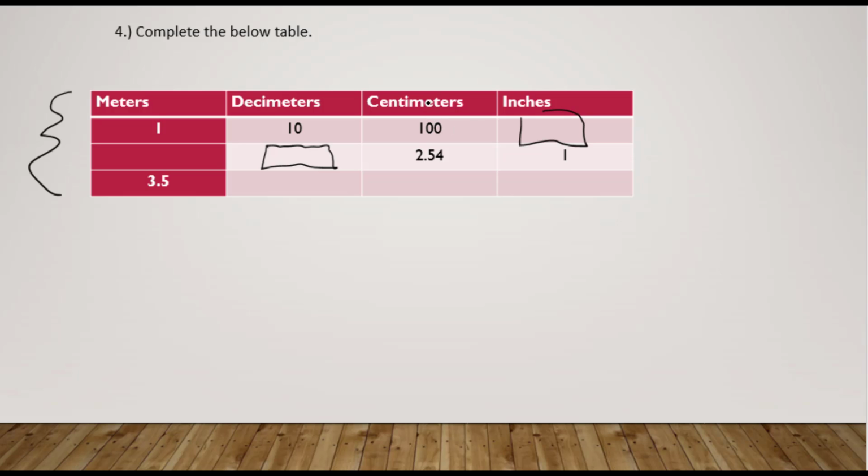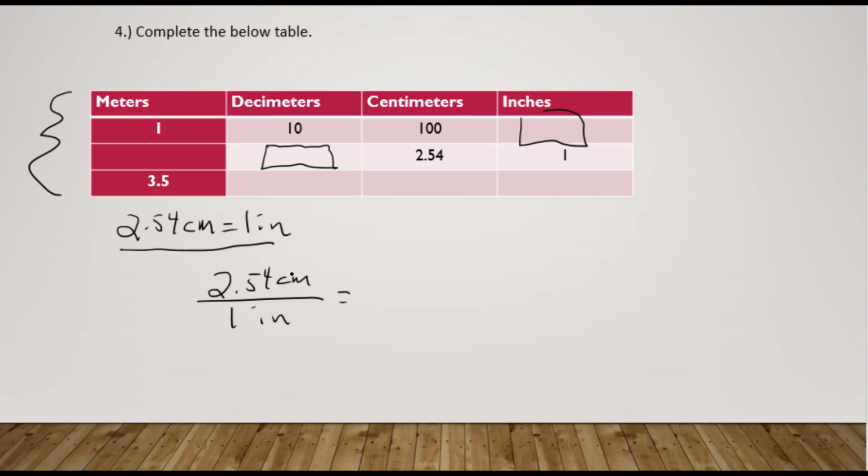Probably the easiest one is centimeters to inches, and you're going to get 2.54 centimeters equals 1 inch. That's the conversion. So I'm going to write this 2.54 centimeters over 1 inch. Could I write 1 inch over 2.54 centimeters? Absolutely, as long as you keep these the same over here.